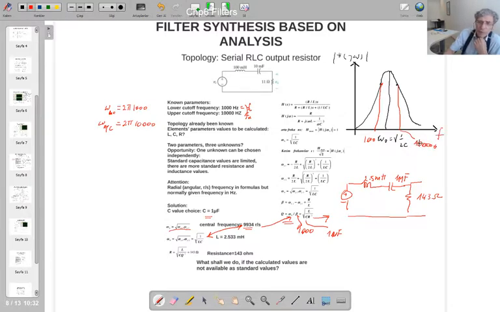That's F. And this value is the highest value, which is 1, and this is 0.707. So that's the band pass filter that we found.